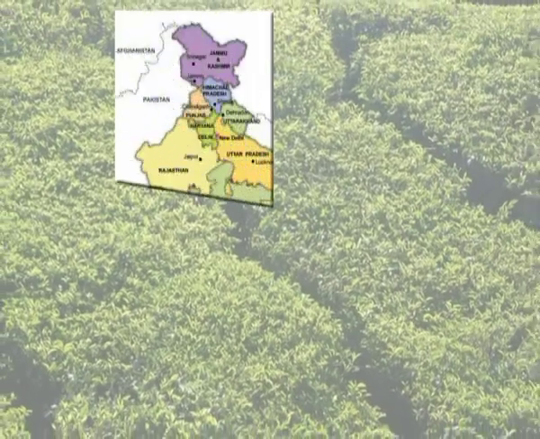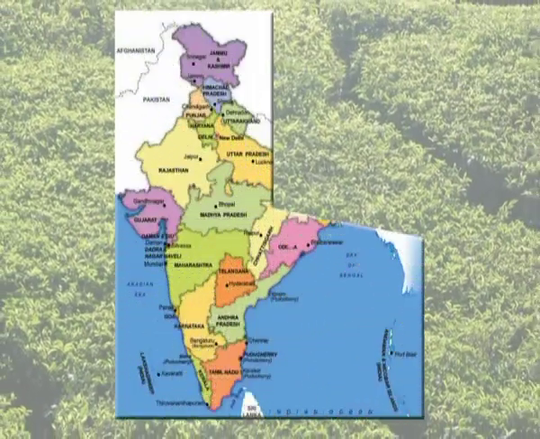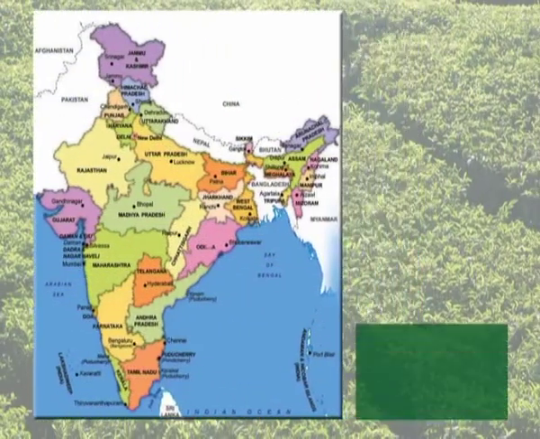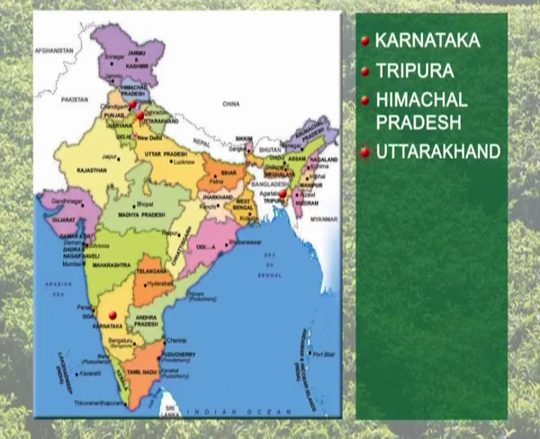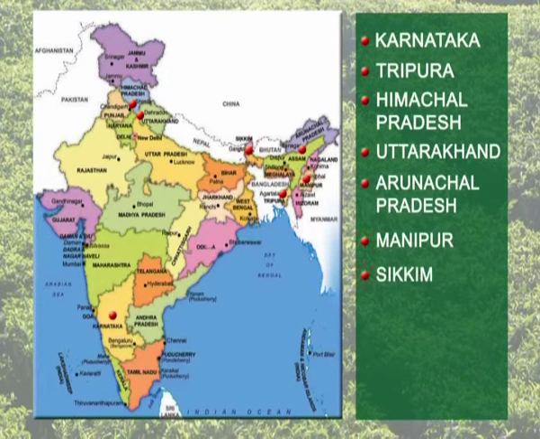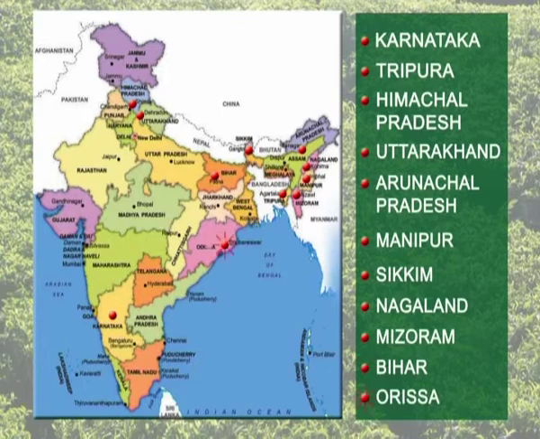Other areas where tea is grown to a small extent are Karnataka, Tripura, Himachal Pradesh, Uttarakhand, Arunachal Pradesh, Manipur, Sikkim, Nagaland, Mizoram, Bihar and Odisha.